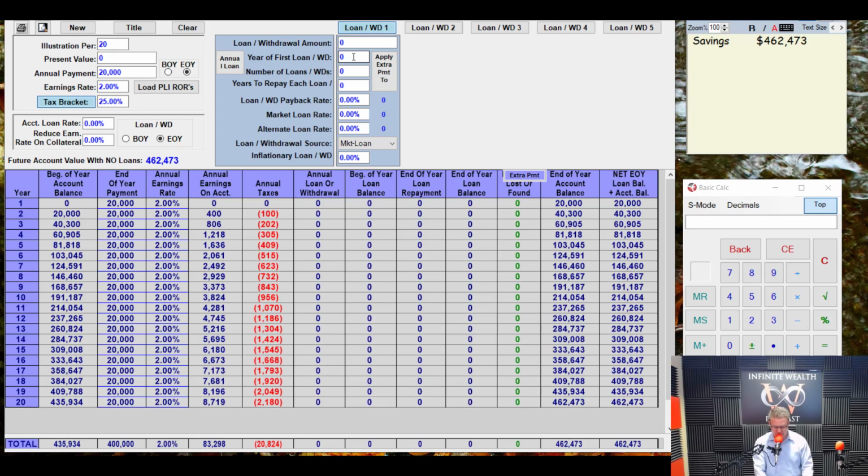Let's say that down payment is going to be $60,000. And what you're going to do is just withdraw that out of your account. And let's do that in year 4. What we did is we just took out $60,000 in this situation for a down payment on a house.